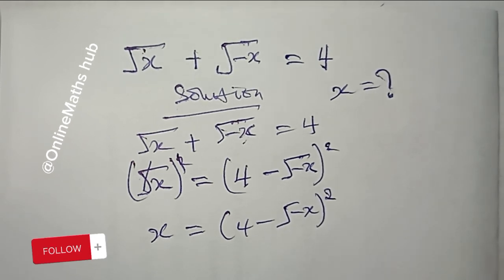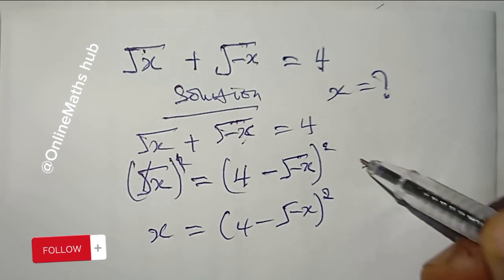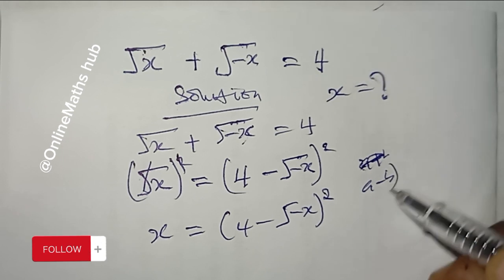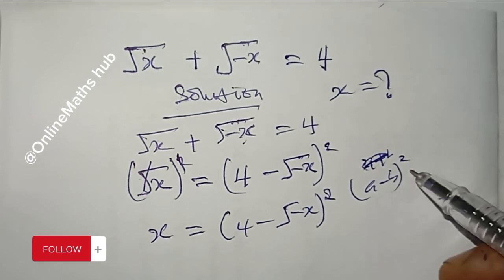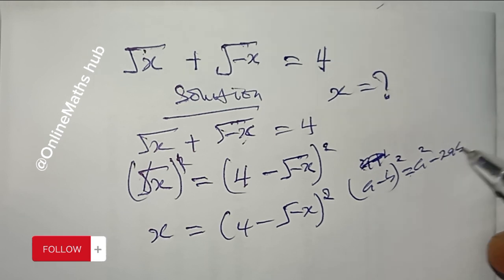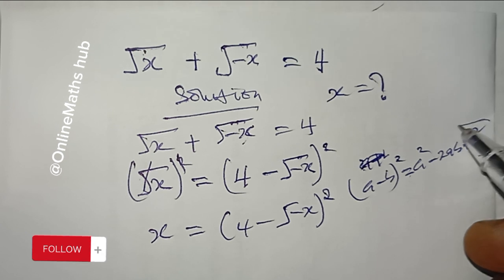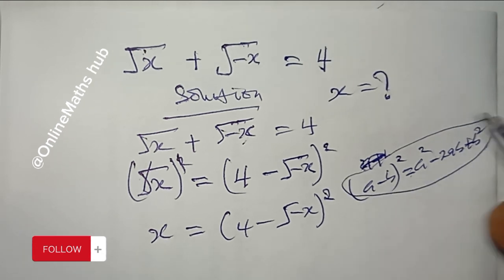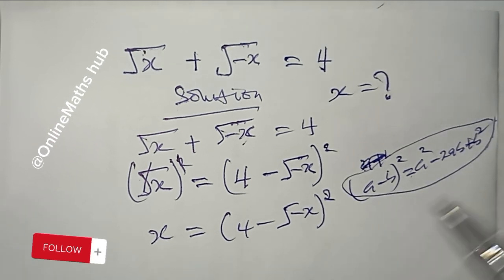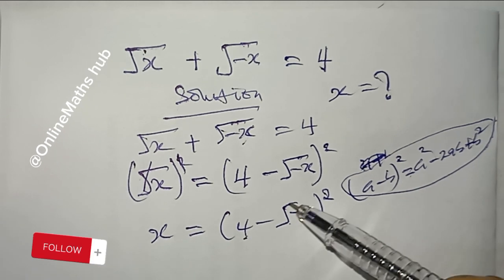And if you can recall this algebraic identity, which says a minus b squared gives you a squared minus 2ab plus b squared, I'm going to use this expansion to expand this. In this case my a is 4, and my b is root negative x.